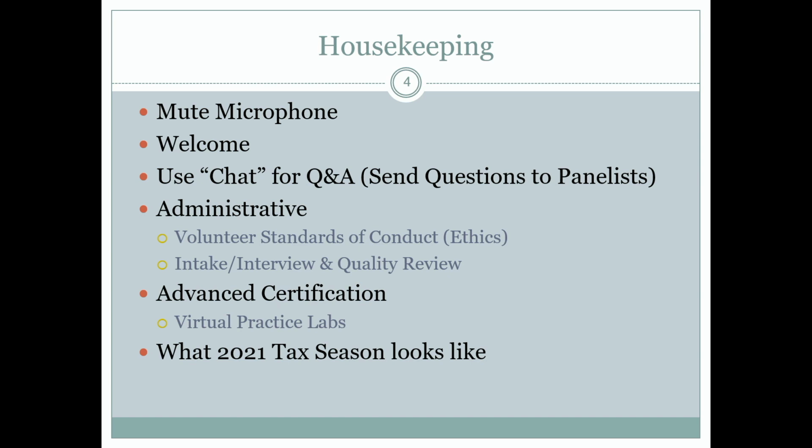If you have not, I ask that you complete those as soon as possible. And again, you will have 2 attempts to take those exams, and you'll need to get an 80% or higher. You will not be able to take the advanced exam before you complete the ethics. Then you will be able to do the intake and interview, and then move on to the advanced certification.